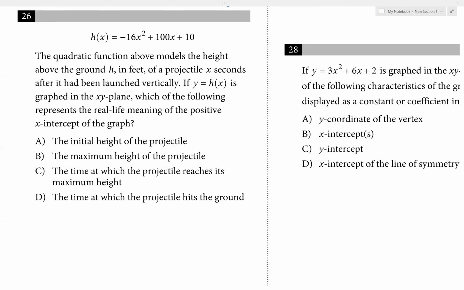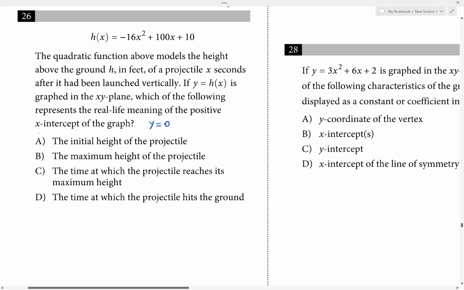So let's think about this. The x-intercept, we don't necessarily have to solve for exactly what it is, but we know if it's an x-intercept, that means the graph goes through the x-axis. If it goes through the x-axis at the x-intercept, the y value is always equal to 0.